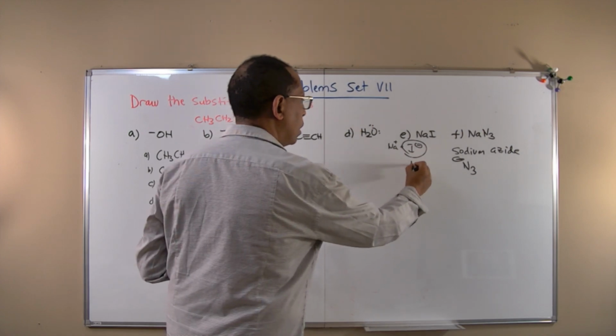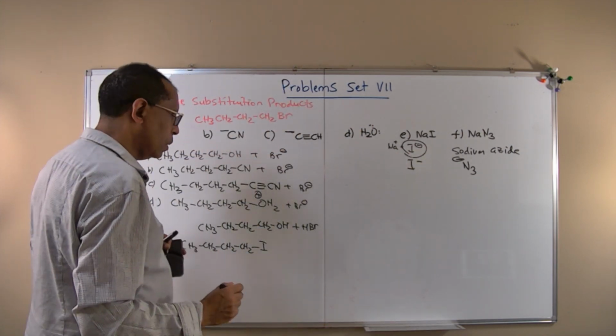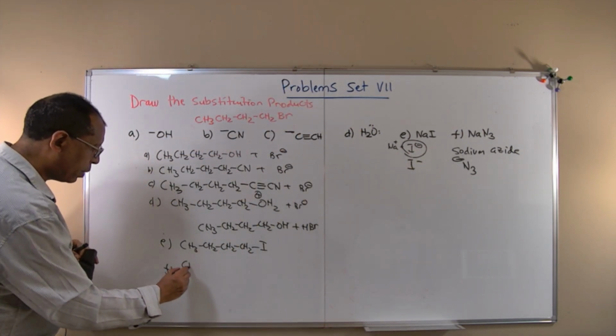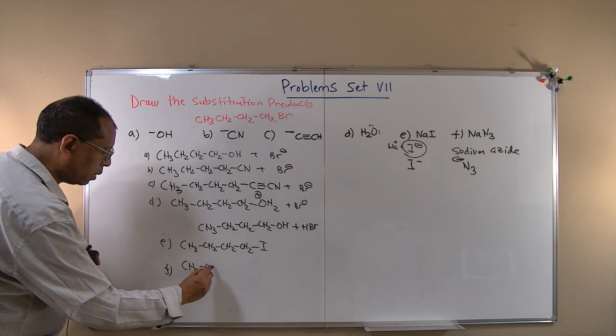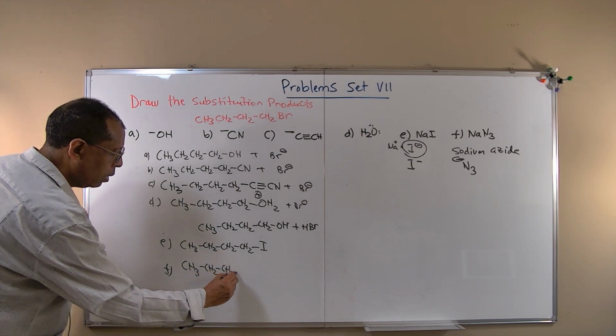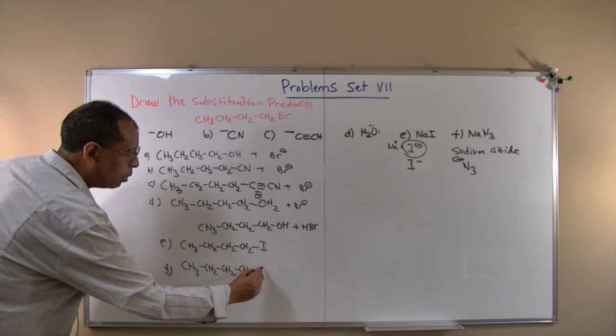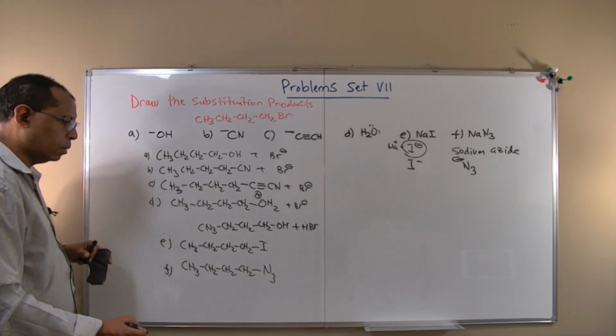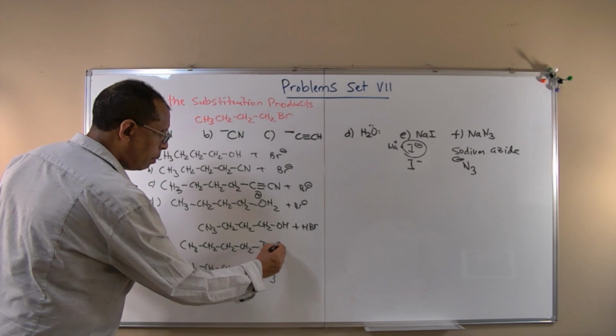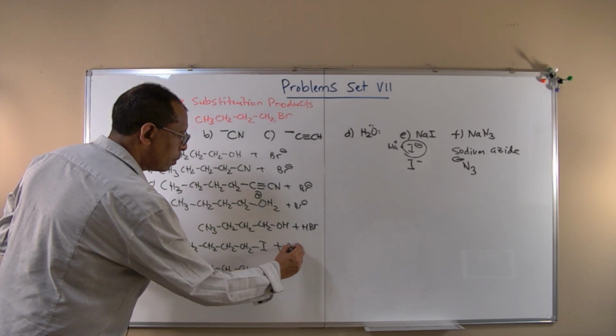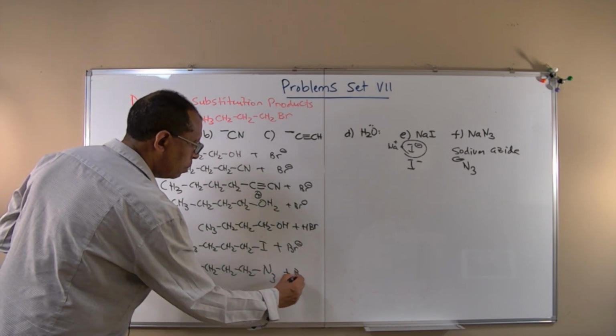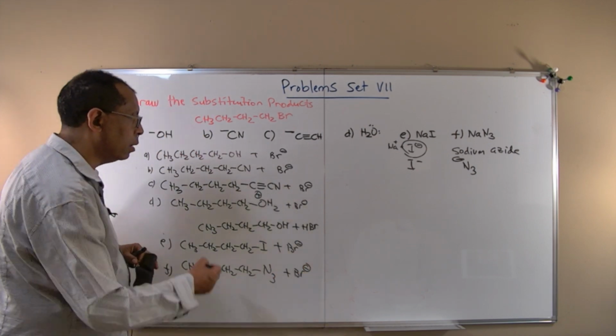Here I minus is the nucleophile. The product of that reaction looks like this: CH2, CH2, CH2, an azido compound is formed. So by replacing Br as a leaving group, you are generating these compounds.